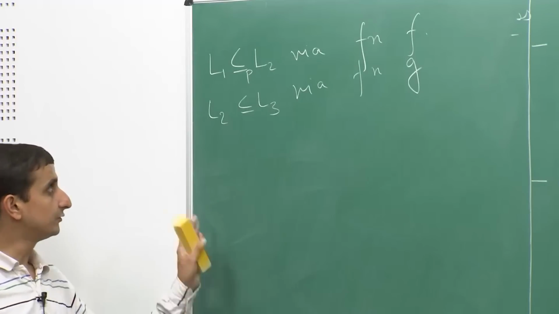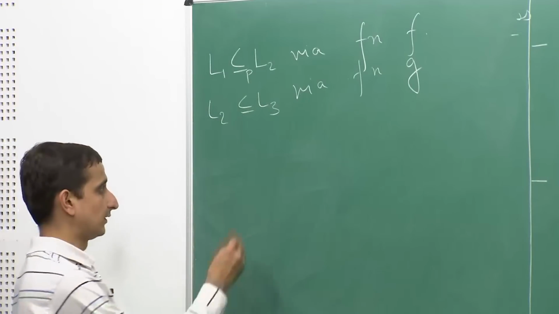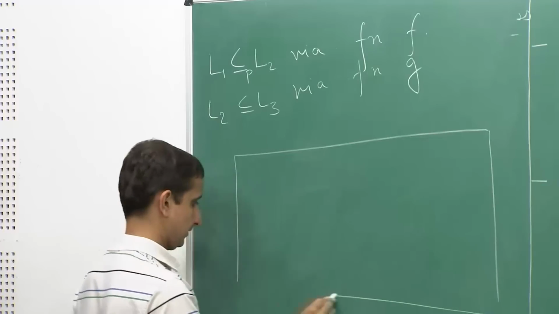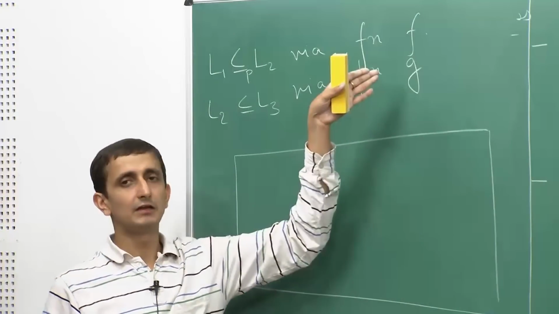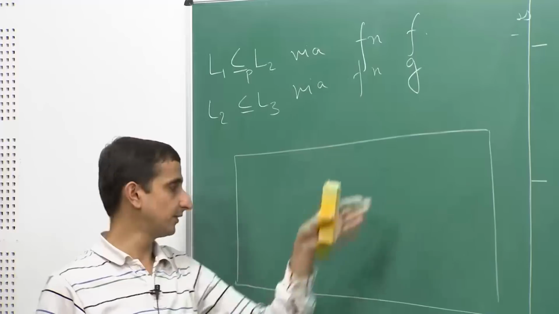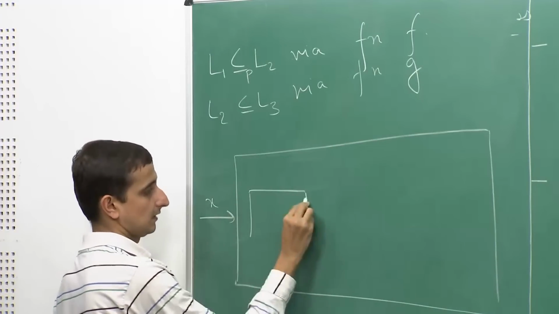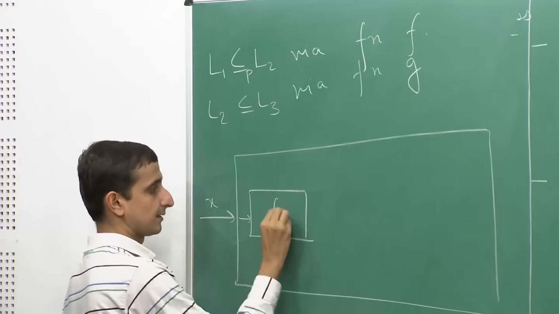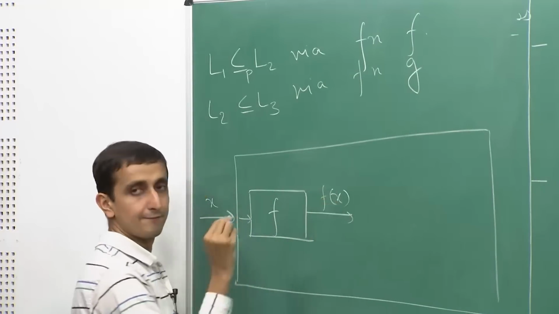So, now I want to reduce L1 to L3. So, I have to give a function. So, what is the function going to be? So, this function is going to be nothing but a composition of f and g. Okay. So, first, given an input x, I apply f to it. Okay. So, this is my box f. So, this produces f of x.